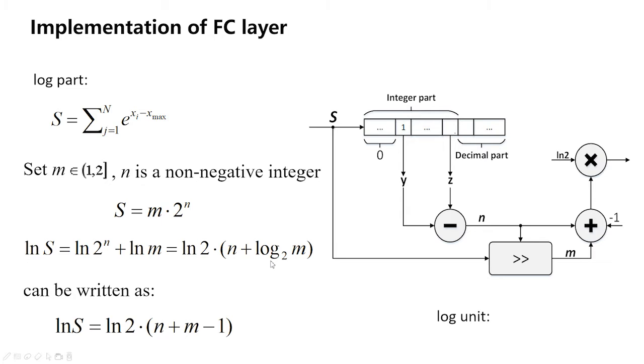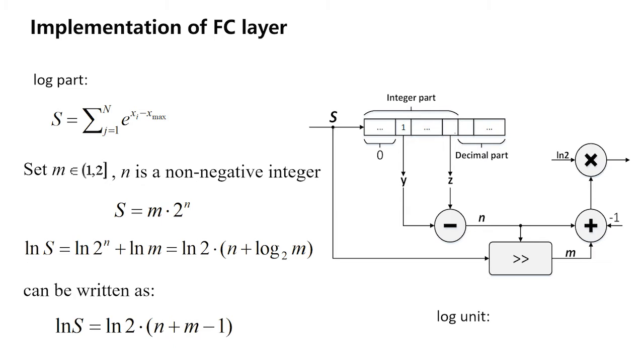And since M is greater than 1 and less than 2, we can express log2 M as M minus 1. Then the equation can be written as this.